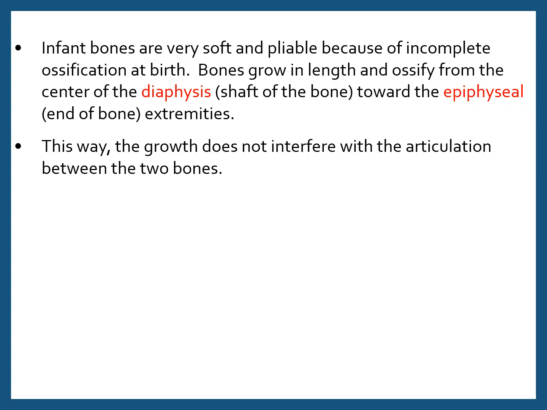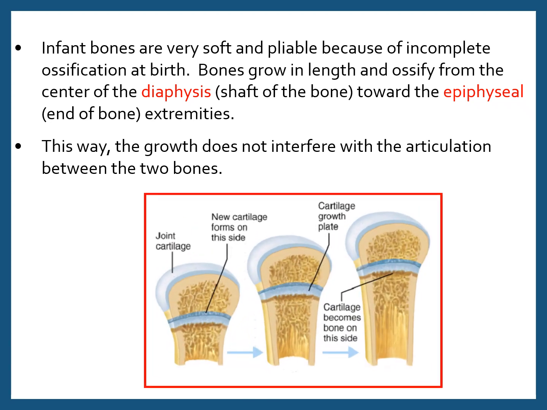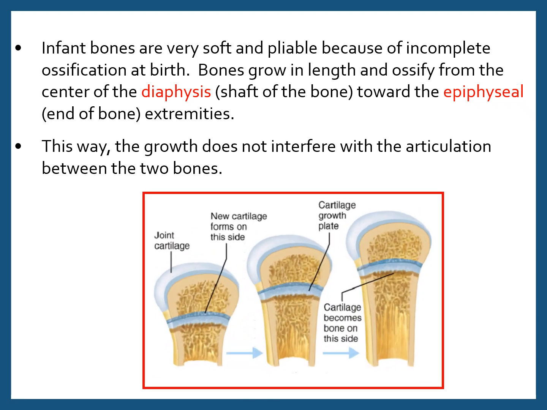When bones grow in length, they have to ossify from an area between the diaphysis and the epiphysis of the bone. That way the growth does not interfere with articulation between any two bones.